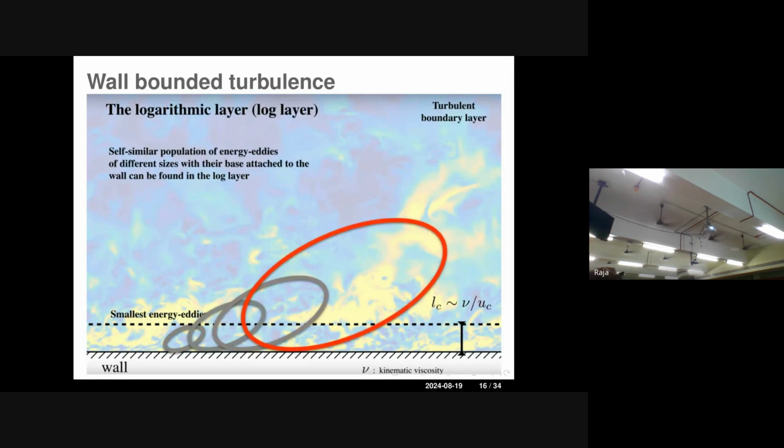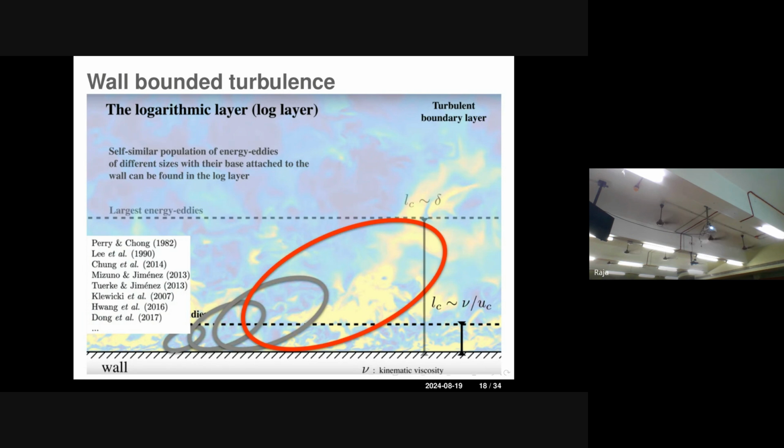Beyond that, a self-similar nature of these eddies happens, and in some sense one can scale those structures via boundary layer mechanics. People try to understand this kind of wall-bounded turbulence on plates, channels, pipes, and so on.